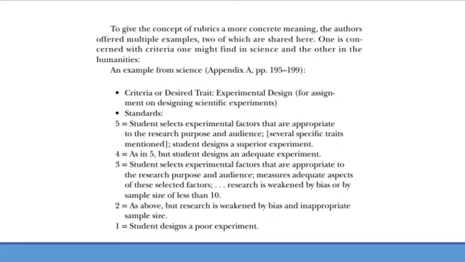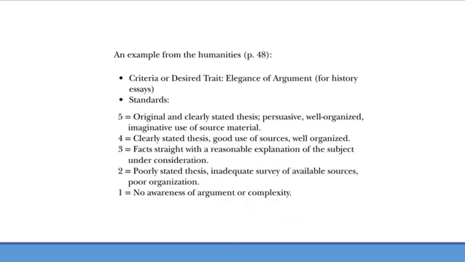Standards, 5, and you can look at these if you'd like to hear what each one means or the value there. I don't think I need to read through them, but each one has a criteria or a value associated with it, what they're looking for to earn that particular score. And here's an example from a humanities-based course.